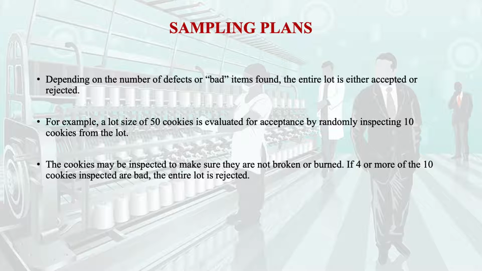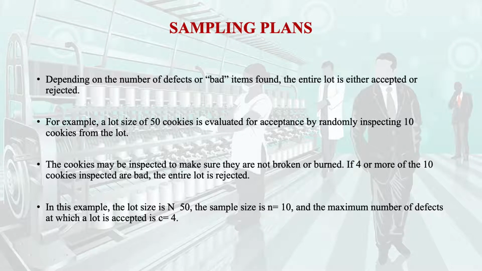If 4 or more of the 10 cookies inspected are bad, the entire lot is rejected. We assume that the 10 cookies are representative of the whole lot. So if 40% are bad, we assume that the lot is also not good.